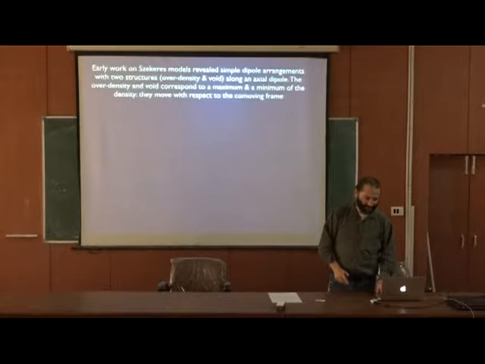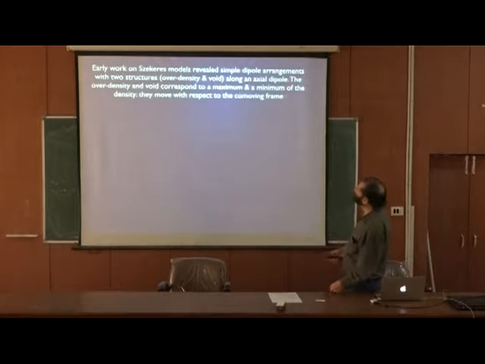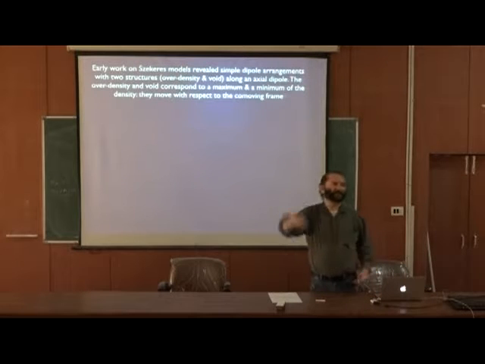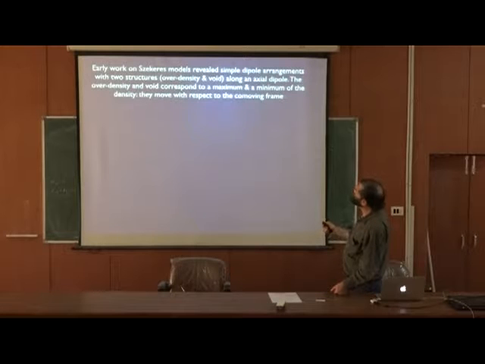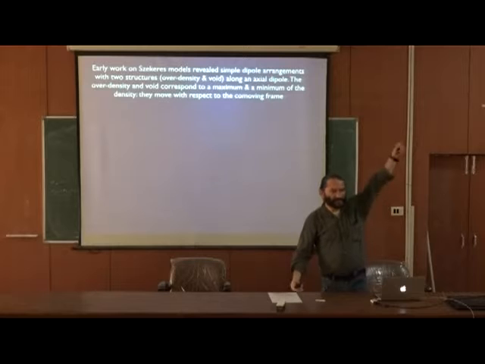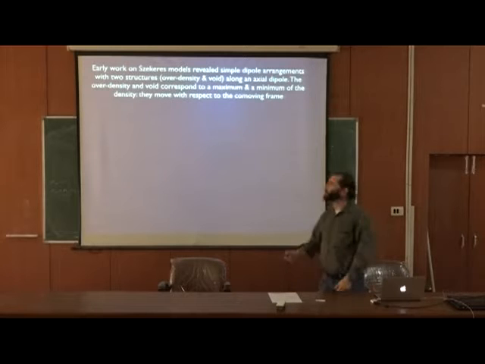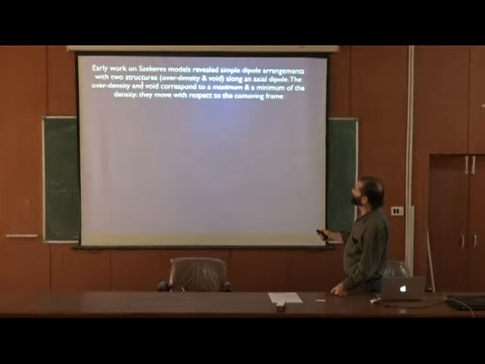Now, early work on Szekeres models explored basically axially symmetric cases. And what this early work showed is that the simple dipole arrangement, axial symmetry, allows you to describe two structures, an overdensity and a void, along an axial dipole.